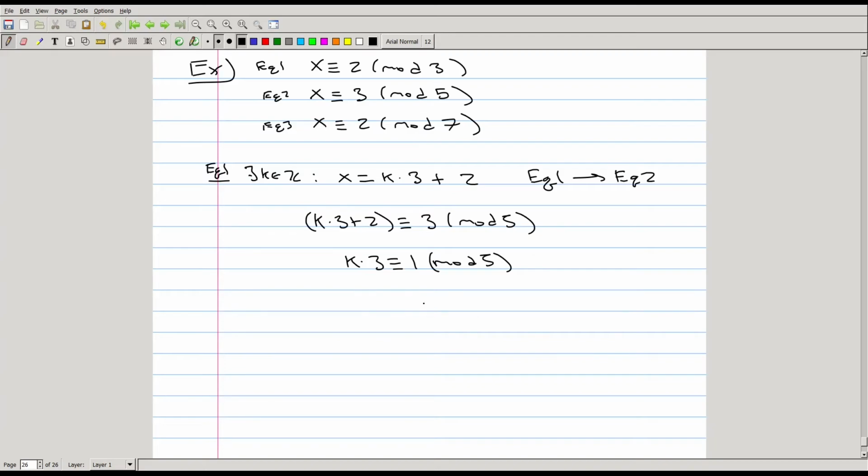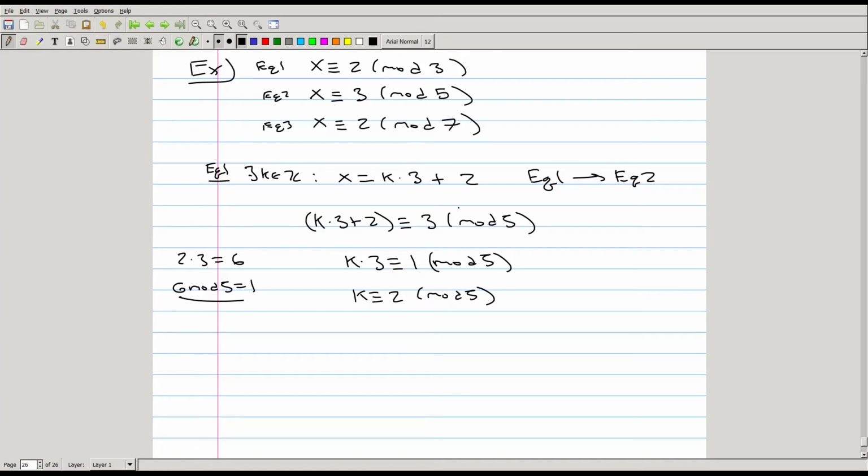which means that k is the inverse of 3 mod 5, which exists and is unique because 3 and 5 are relatively prime. And so k is equal to 2, because 2 times 3 is equal to 6, and 6 mod 5 is equal to 1. So this gives that k is congruent to 2 mod 5.